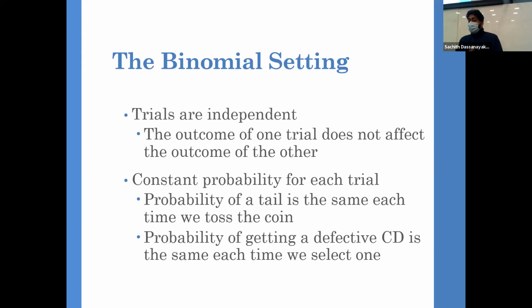Then it doesn't change for any flips, it remains constant. So having a head is 0.4 for flip number 1, flip number 2, or flip number n. Clear? It doesn't change. That's really important. In advanced statistics or advanced probability, we call this the ergodic theorem, ergodic case. So probability doesn't change.